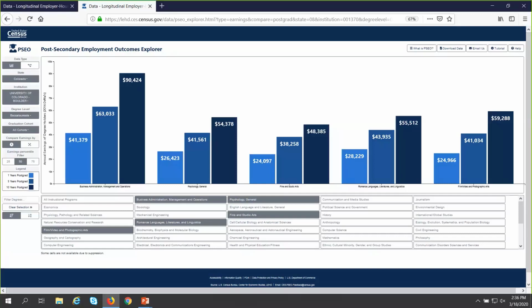A large number of those people that we are looking at, however, are adult learners who are currently employed, maybe even working in their given sector, but are going back to school to increase their earning potential. What would this data tell us about that particular population?